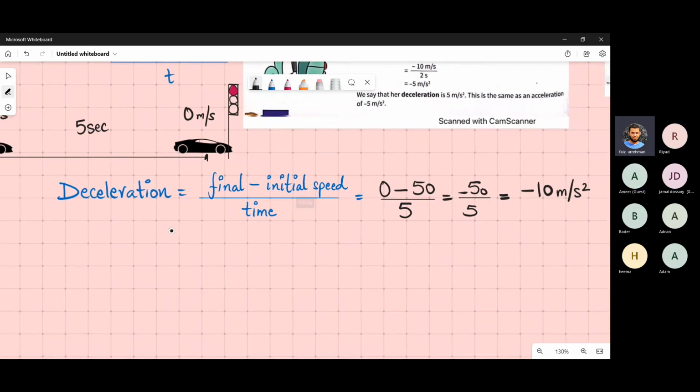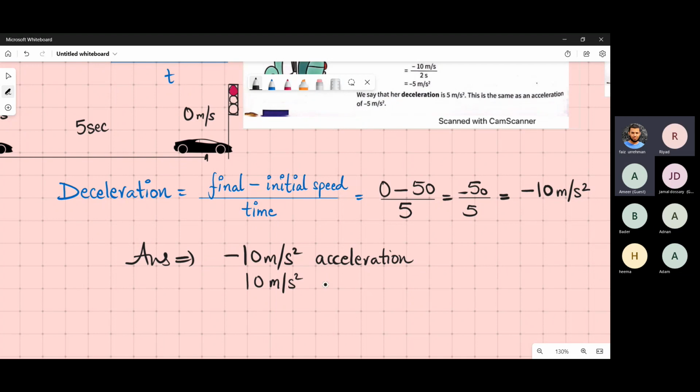You can tell me the answer is minus 10 meter per second square acceleration, or you can tell me 10 meter per second square deceleration. Both ways convey the same message.